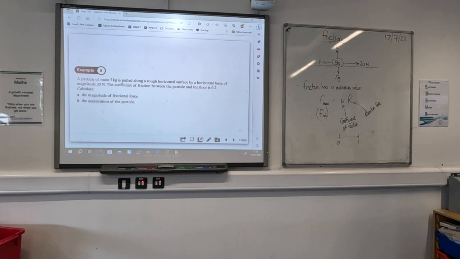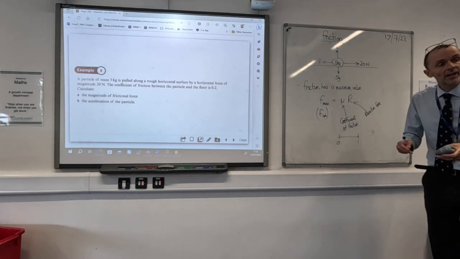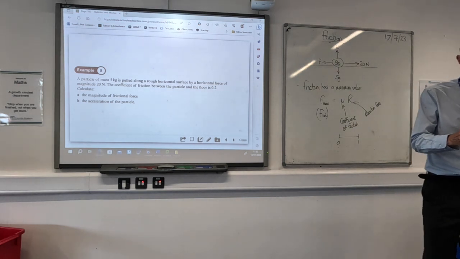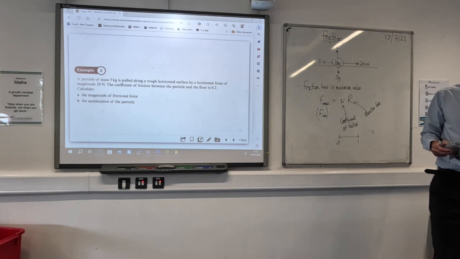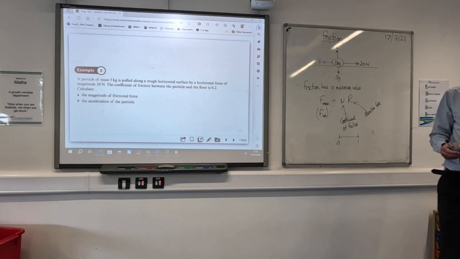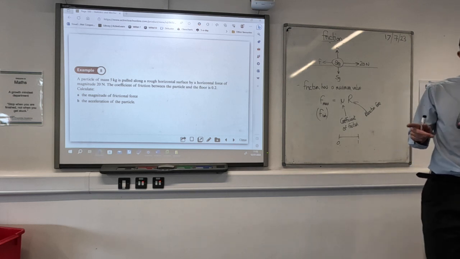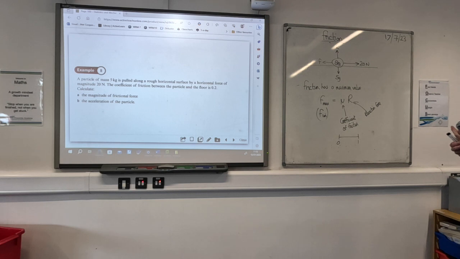Now, we're back to Hannah's question here. Are we dealing with an equilibrium situation where we haven't yet reached the maximum value of friction and it's not moving? Or have we exceeded that maximum value? So Lewis, are we in equilibrium or are we in F equals ma in this question?